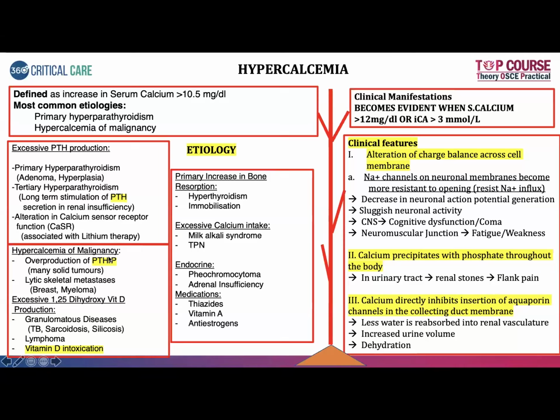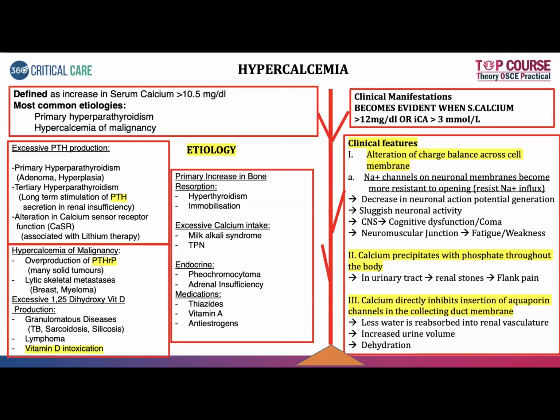Next is hypercalcemia of malignancy. This is due to overproduction of the parathormone related peptide. This can be produced by many solid tumors, and others like breast cancer and myeloma can cause lytic lesions in the bone, which can result in bone resorption.